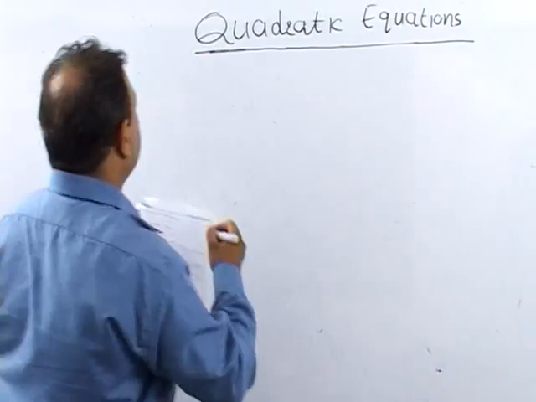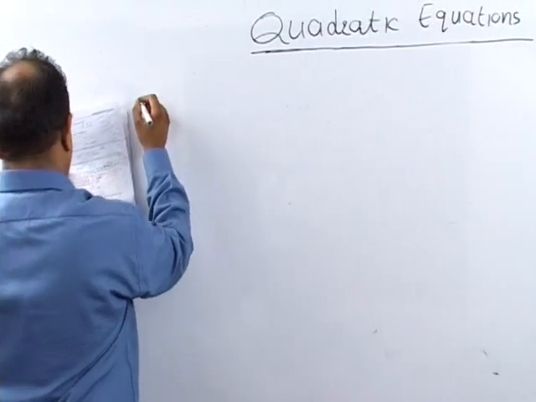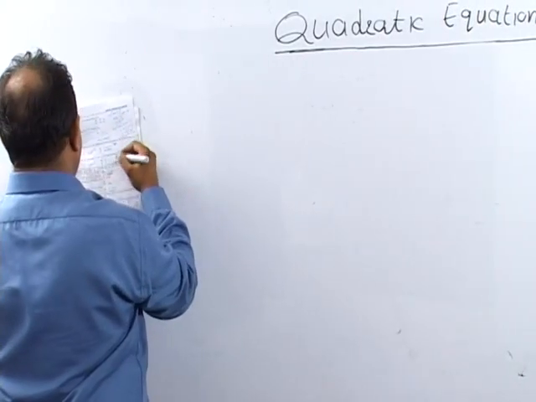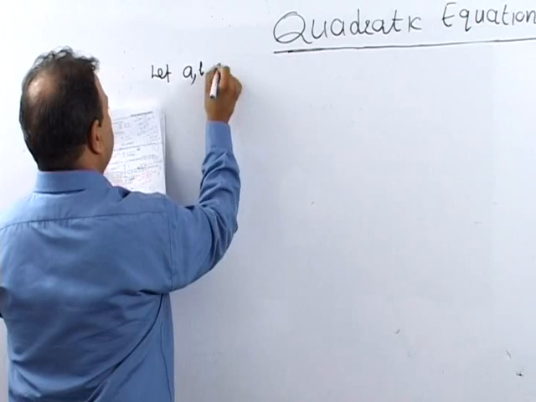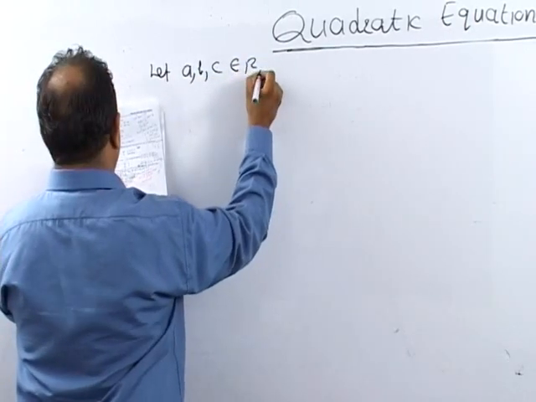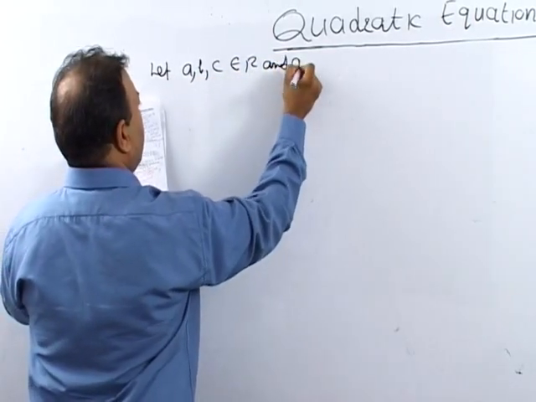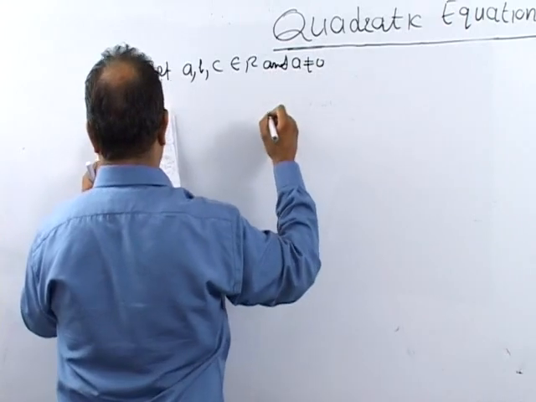Now the question is: let a, b, c belong to R and a is not equal to 0.